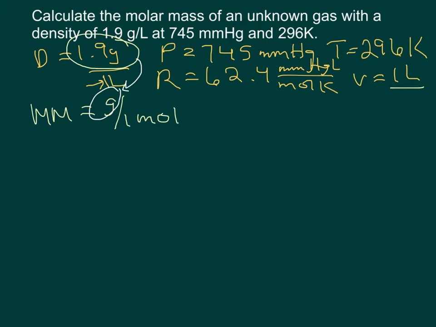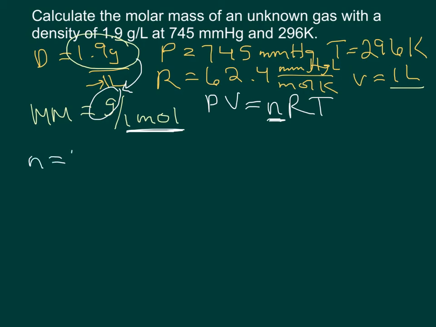from my density equation. So the thing that I'm really looking for in this calculation is my number of moles. So that way, in the end, I can take my grams, my 1.9 grams, and divide it by the number of moles I find using my ideal gas law equation, solving for n. So just like before, for calculating density, we had to solve for n, our number of moles. We're going to do the same thing here.